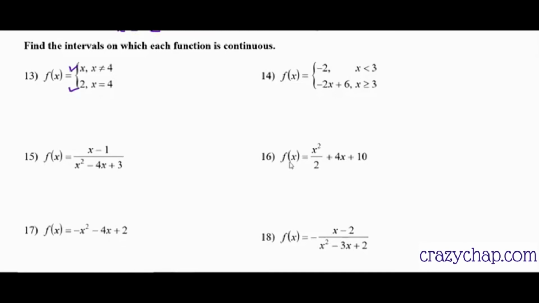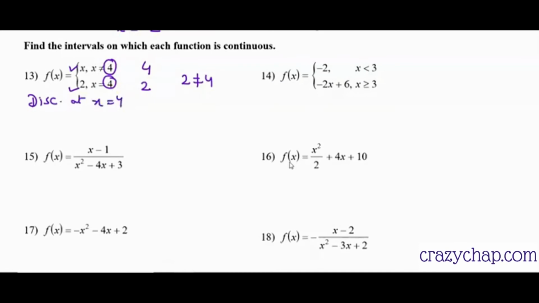First we'll check the continuity, only at 4. The first function will give 4 and the second function will give 2. Because these two values are not the same, this function is discontinuous at x equal to 4.